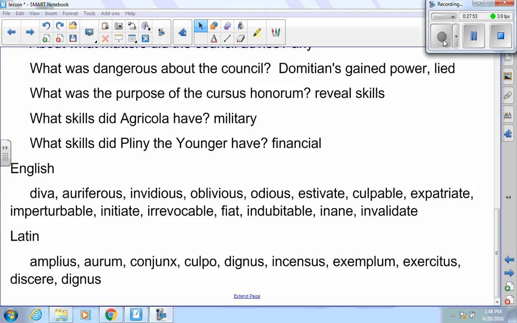Incense is like on fire. Exemplum is an example. Exercitus is an army. Disco is to learn. So if you think about this, what English words come from these, and that's really what your test is going to ask you as far as your Latin derivatives are concerned.